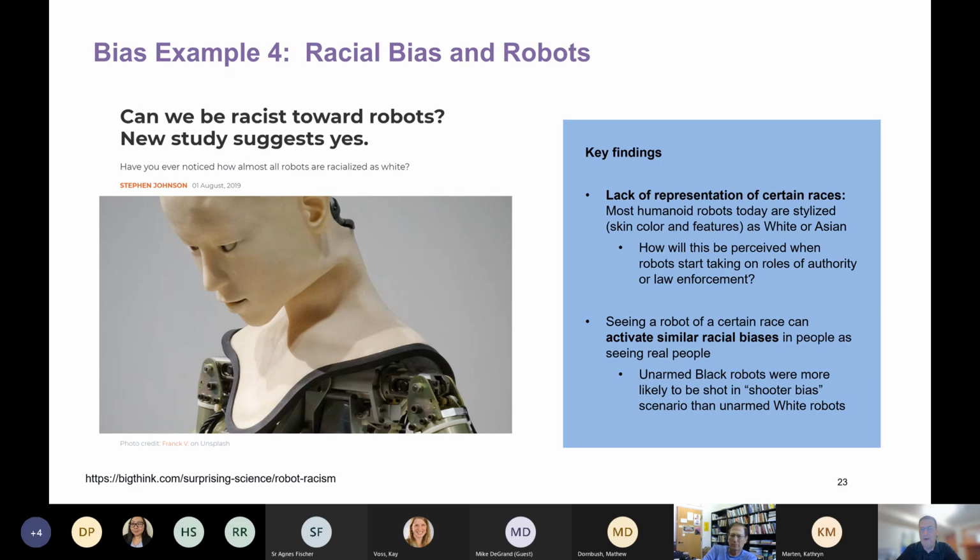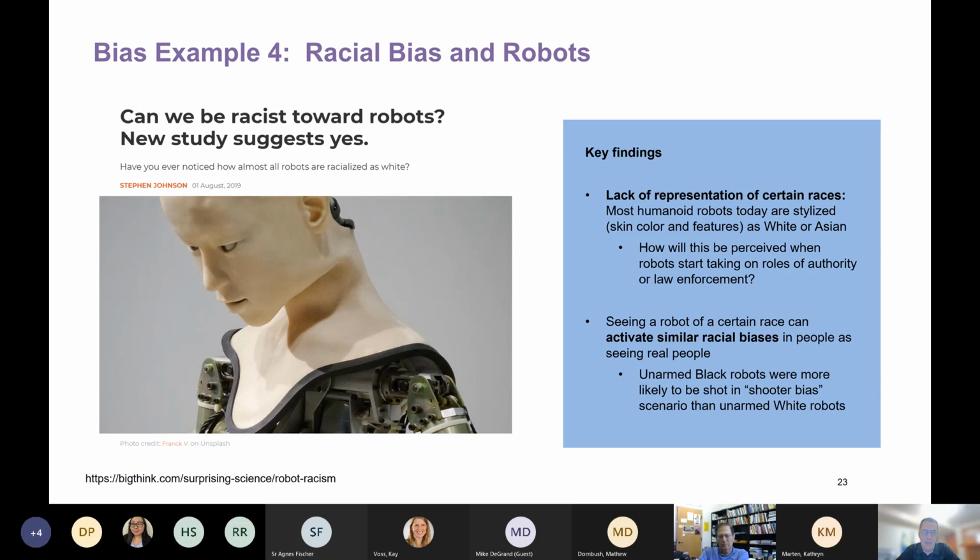And what they found is that is in fact the case. So even if it's not even a human, you give it a face of a certain race, and the biases that people hold against that race are transferred onto the perception of the robot.